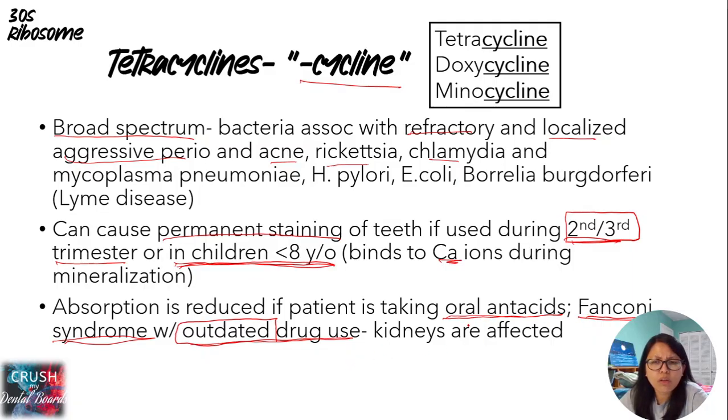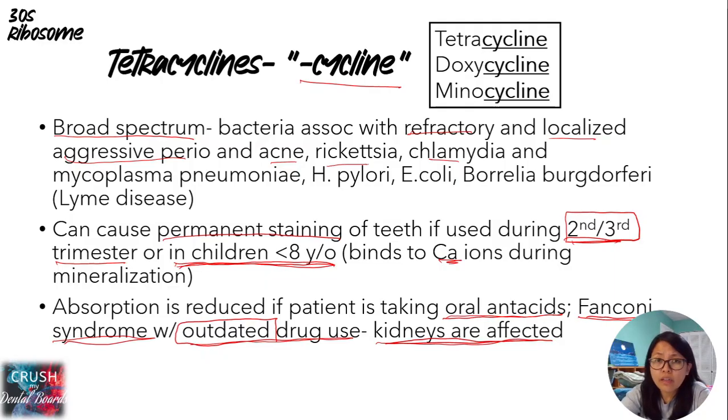What is the relationship between Fanconi syndrome and tetracycline? Well, the kidneys are going to be affected. Okay, so that's why you have to check if the drug is outdated before even taking it.